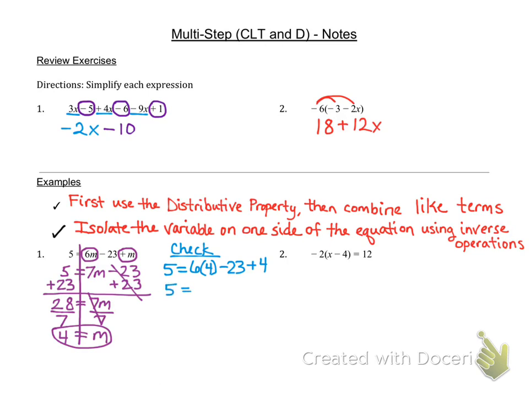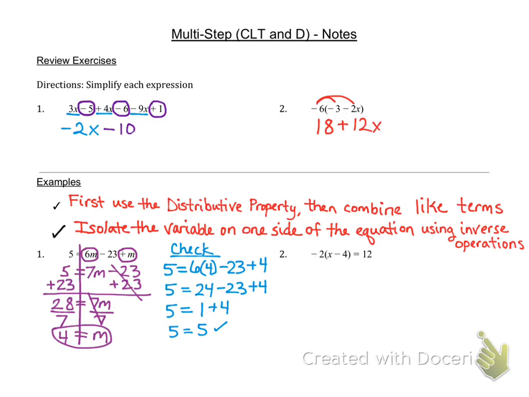So we have 5 is equal to 24 minus 23 plus 4. So now we're just simplifying that right side of the equation. So we have 5 is equal to 24 minus 23 is 1 plus 4, and 1 plus 4 is 5. So on both sides of the equation we have 5 equals 5. So that means that we solved the equation correctly, and our answer is m is equal to 4.